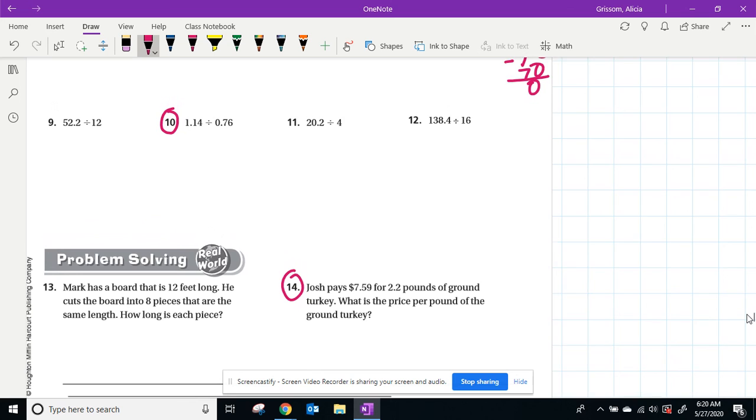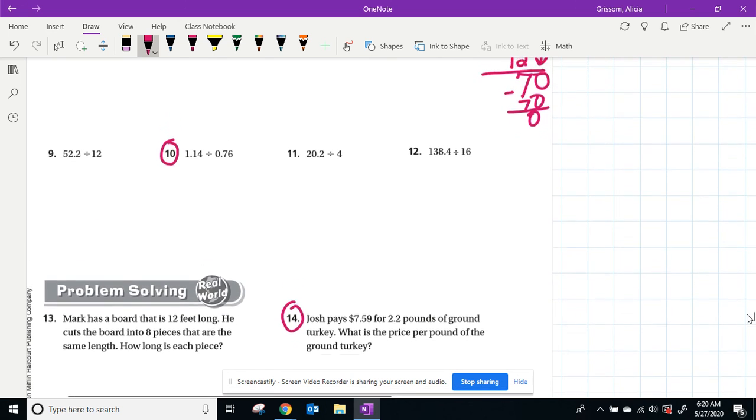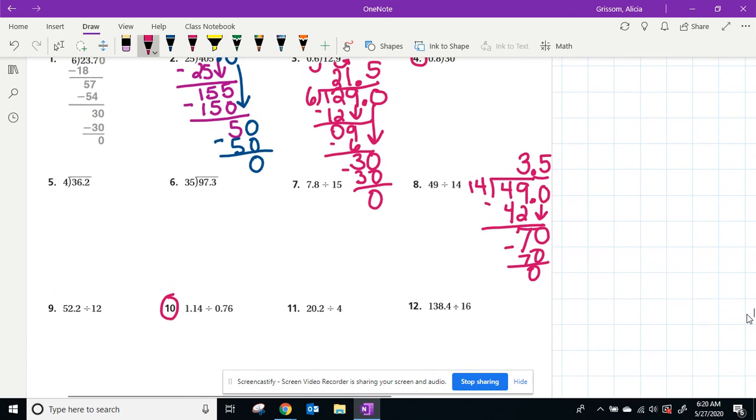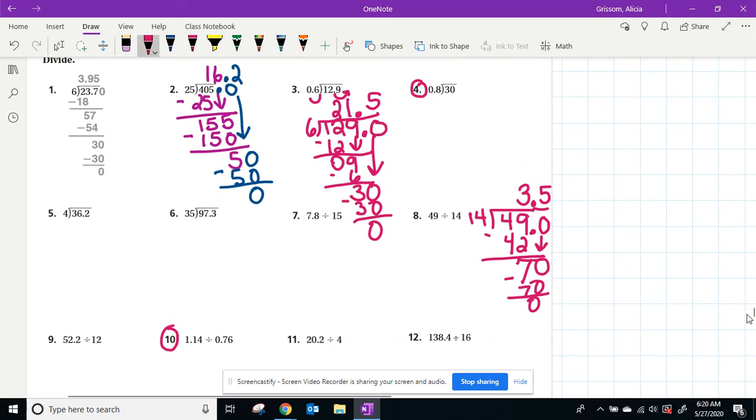We're going to stop the video, and you're going to use these same steps: multiply the divisor by 10 enough times to create a whole number, do the same thing to the dividend, and then solve the division problem for number 4, number 10, and number 14.